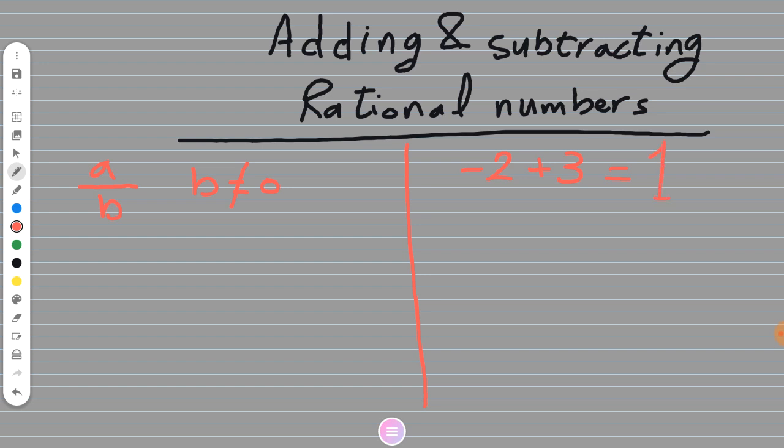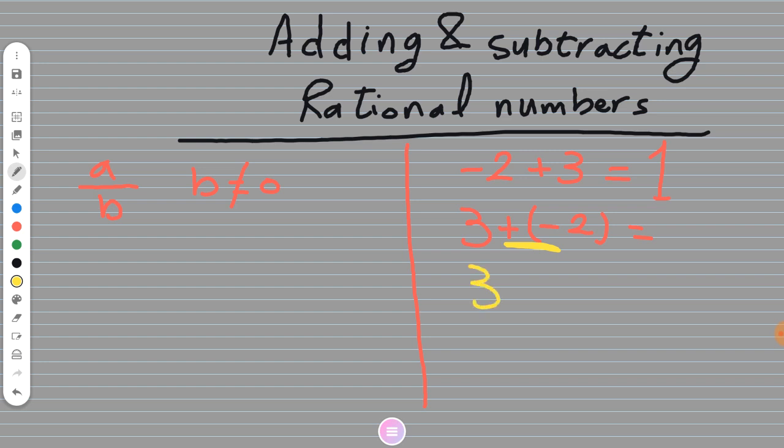Actually, I have a property of addition, which is called the commutative property, okay? The commutative property says -2 plus 3 is the same as 3 plus -2, yes? And we said before, positive plus negative can be converted to minus directly.